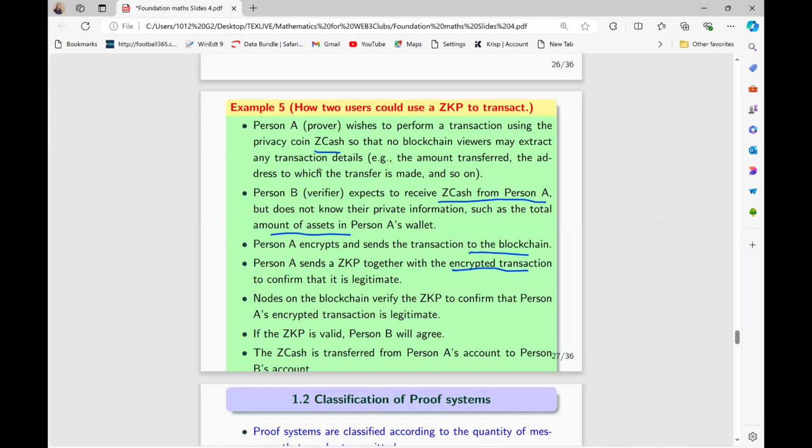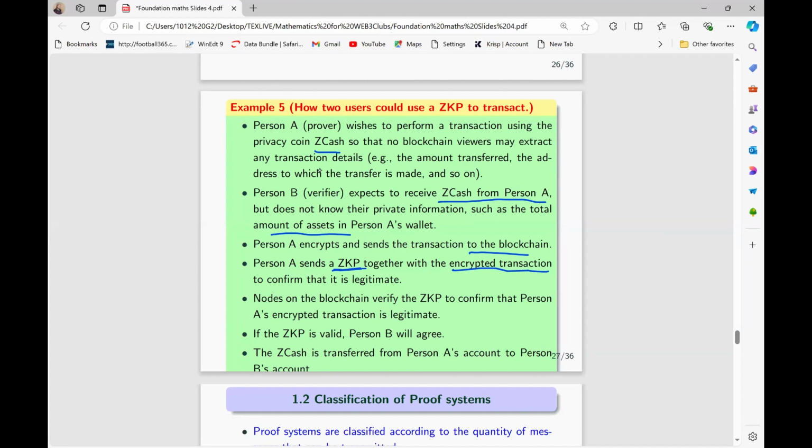He sends this ZKP, that is a zero knowledge proof, together with the encrypted transaction to the blockchain. And so why is he sending this? He is sending the proof just to confirm that the transaction is legitimate. That is why he's including the proof for the transaction.